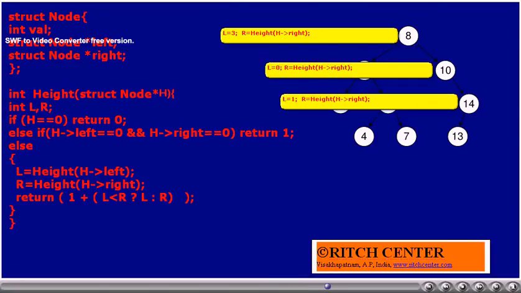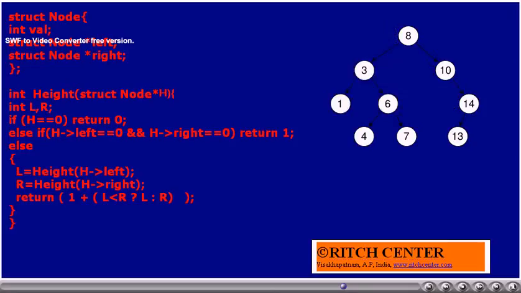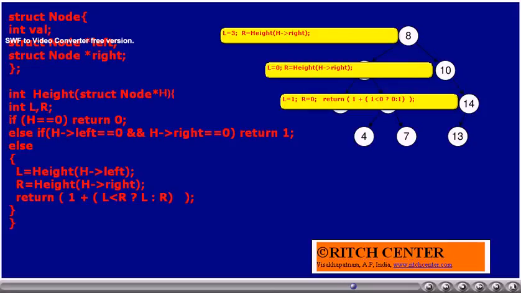Now we are supposed to find out the right subtree height of the node 14, thus the statement R is equal to height h arrow right will be executed. Incidentally, the right subtree of this one will be null, thus we will be getting 0. Now 2 will be returned from this node 14.